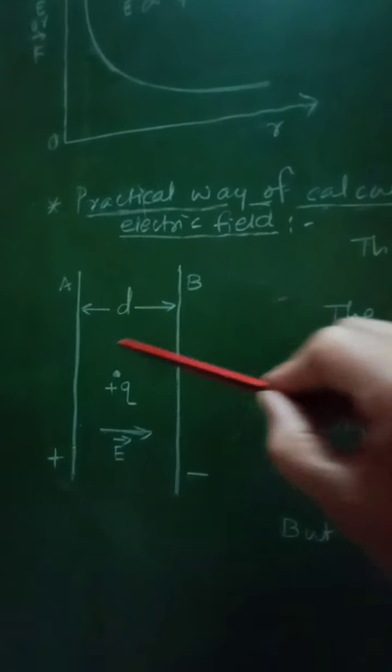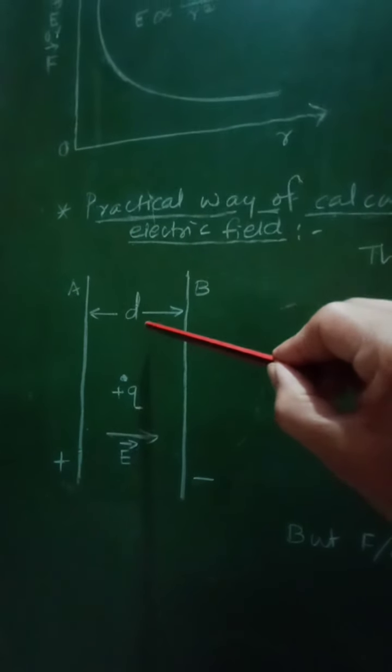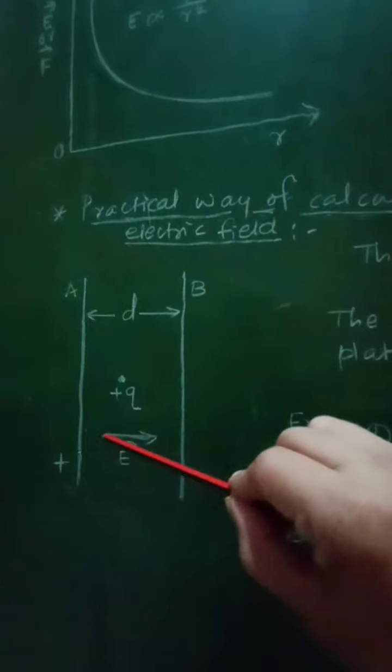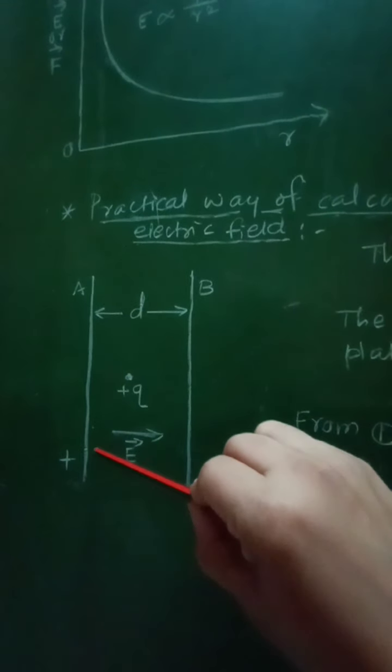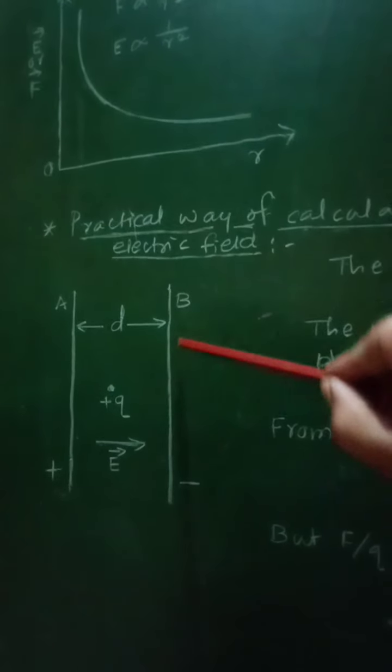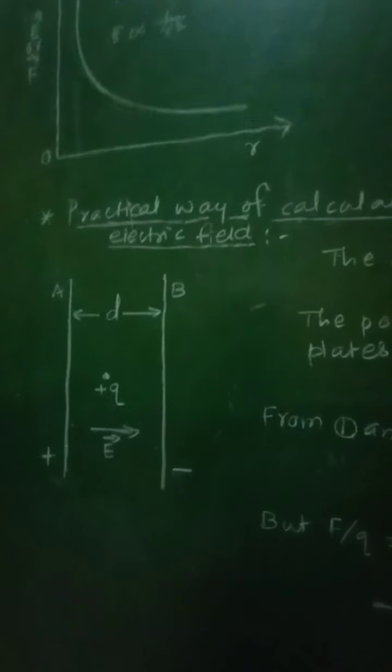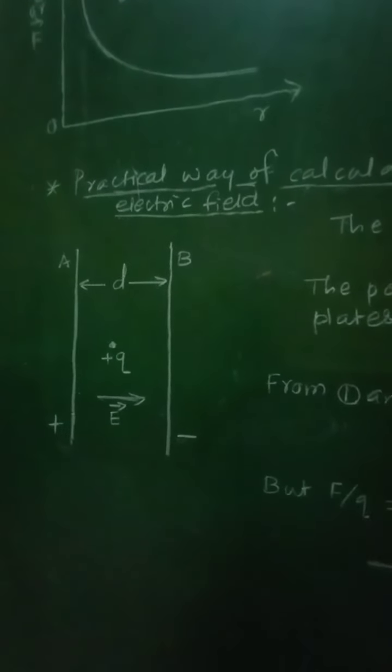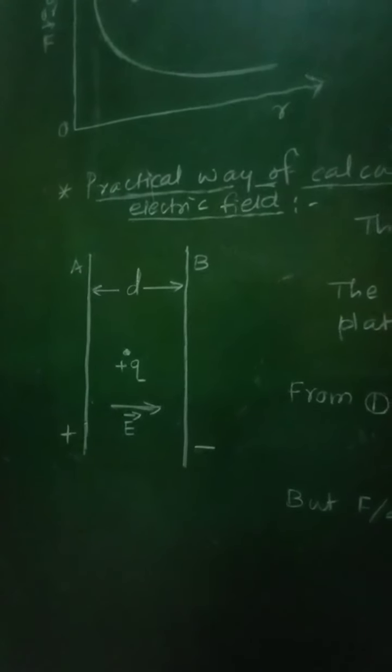These two plates are separated by a distance d, and therefore the electric field will be directed from positive plate A towards the negative plate B. So this electric field will be a uniform electric field.